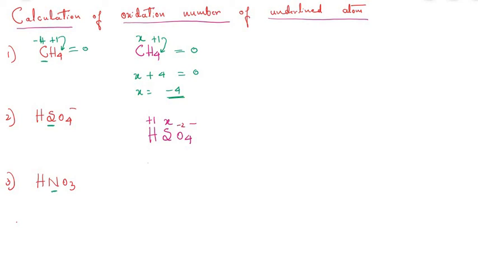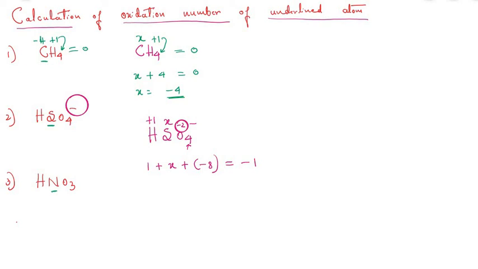So +1 as usual, plus X, that is of sulfur, plus -2 into 4 times with respect to oxygen. So -2 into 4 becomes -8, and that will be equal to the charge, which is -1 here. So I'll write here -1.